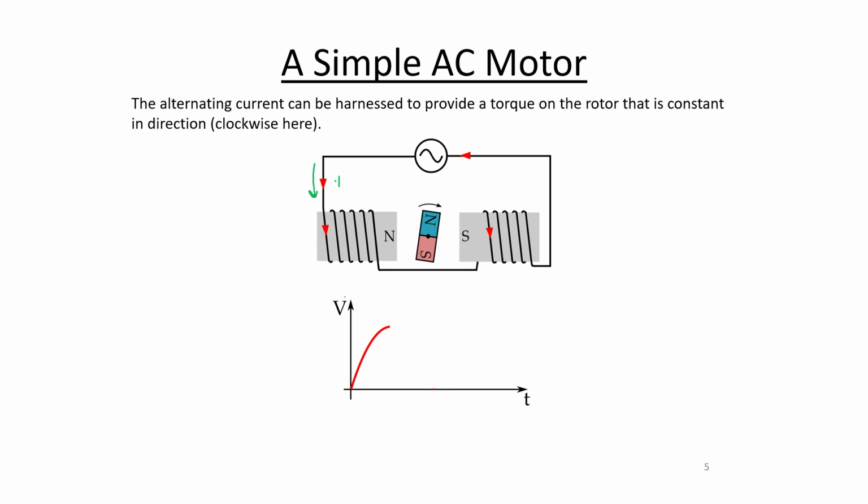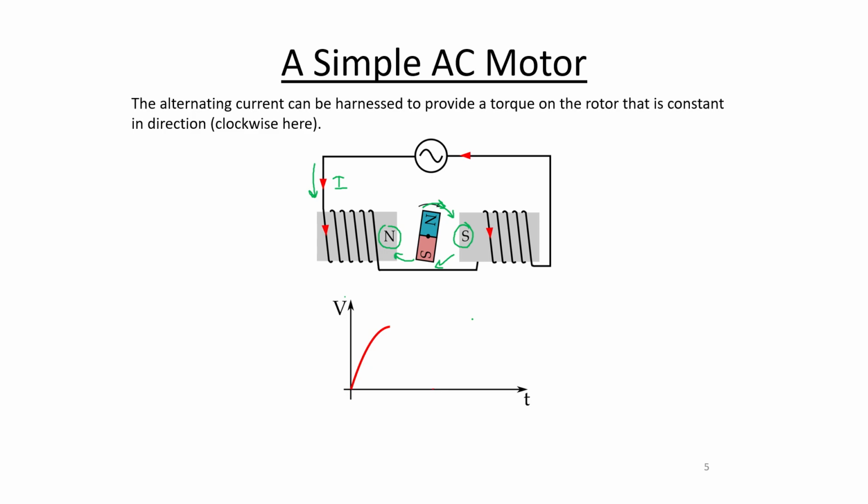And so, label the current again. That means that this north on the left is attracting this south pole, and it's still repelling this north pole. And this south over here on the right is attracting that north pole, and it's repelling that south pole. Okay, so we're still getting clockwise rotation for our rotor.